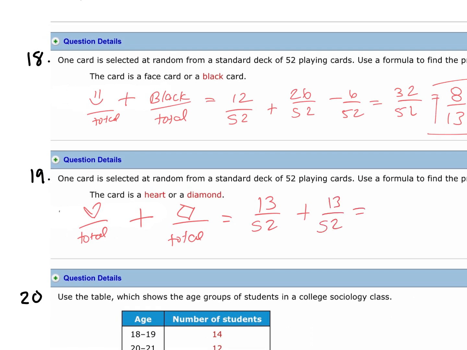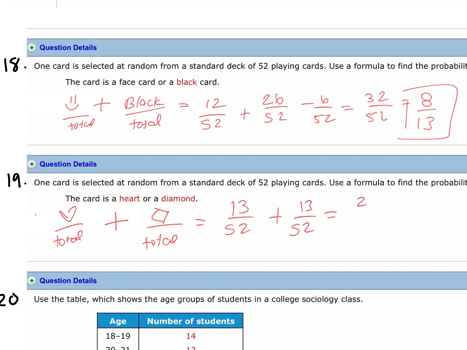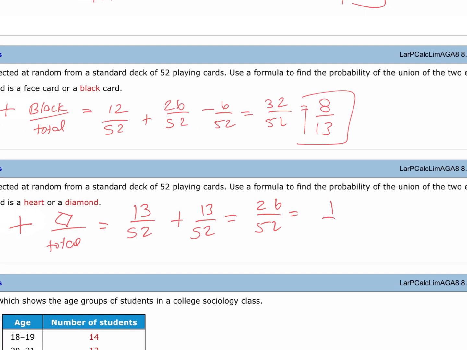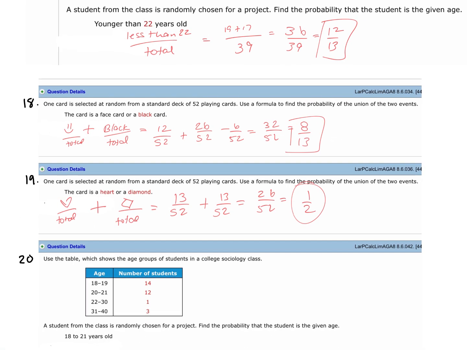Are there any cards that have a heart and a diamond on them at the same time? No. So this is mutually exclusive. One has nothing to do with the other. So 13 plus 13 is 26. What's 26 over 52? 1/2. Half the deck.